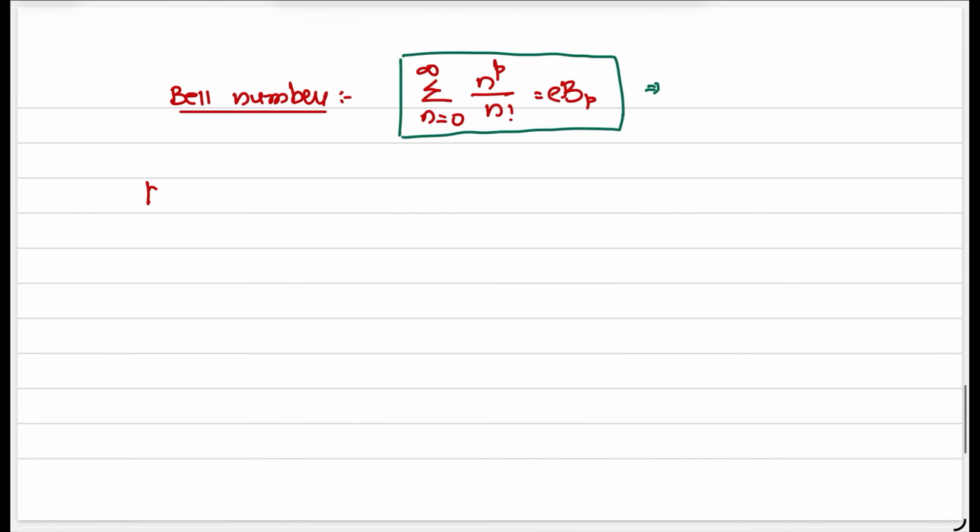Bell numbers, p is equal to how much, and we will get Bell number Bp, and we will get the summation series. This is equal to Sp rather.